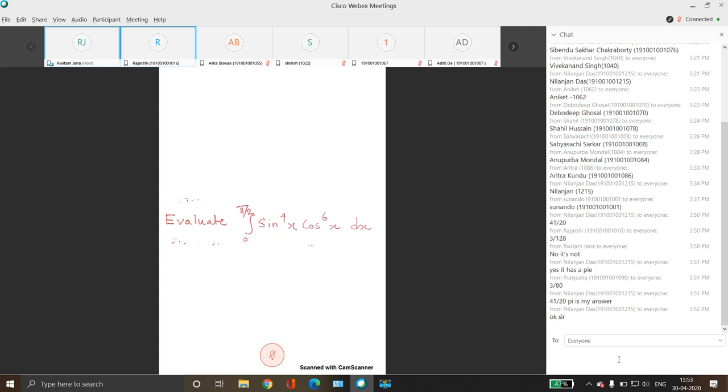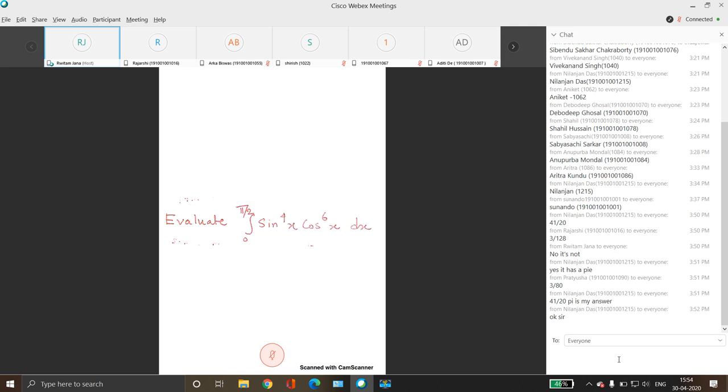Sure. You can write the formula, and the formula is half into 3 by 4. Again, I am saying when n is an even number, the integral from 0 to pi by 2 of cos to the power nx dx is equal to half into 3 by 4 into dot dot up to n minus 1 divided by n into pi by 2, just like 3 by 4.